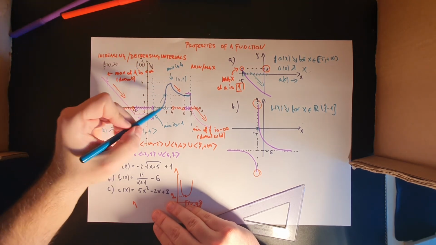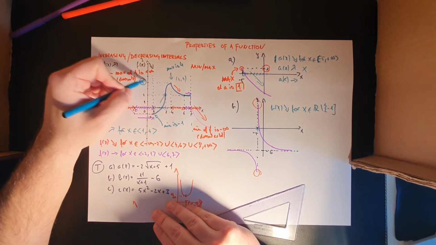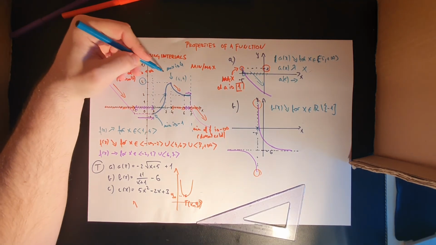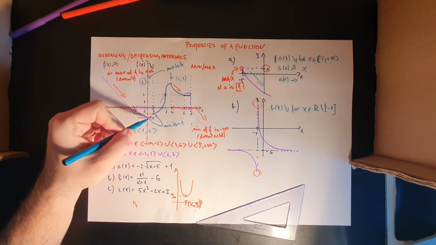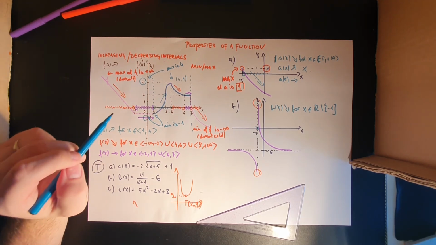Now, of course, this isn't the 4 on the x-axis. This is where this maximum is. Here is the 4, meaning the value of the function itself. So this is the maximum, this is the minimum, so -1. So watch out for that. We're always looking at the y values when considering the minimum and maximum.